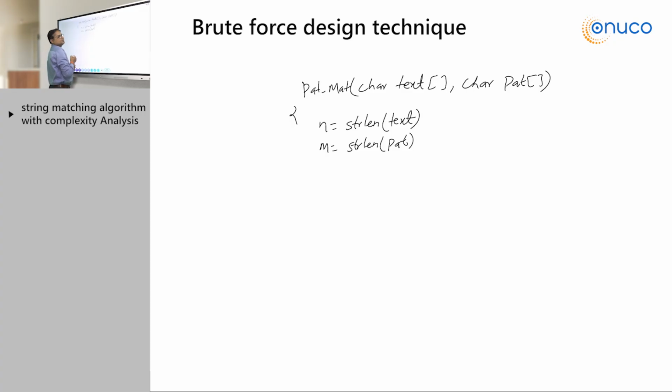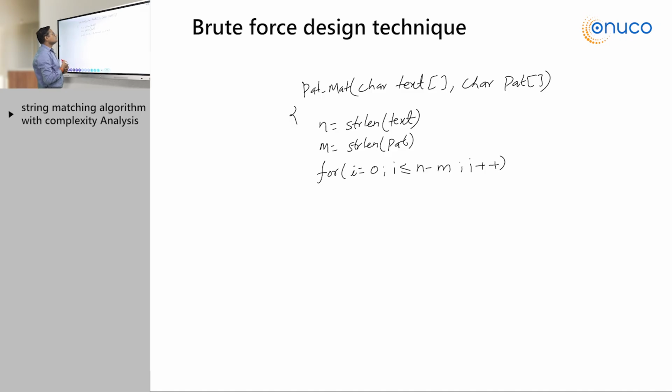Once we're done with that, we can see that we started with the left-hand side, the I pointer increases, and what will be the position of I? Let us see that. For I is equal to 0, I less than or equal to n minus m, I plus plus.